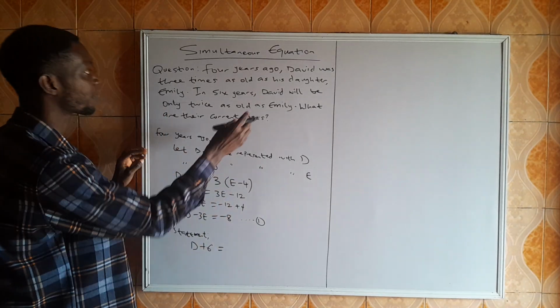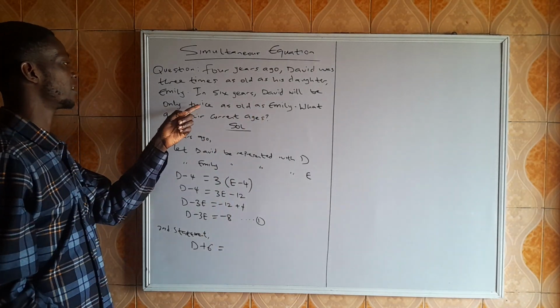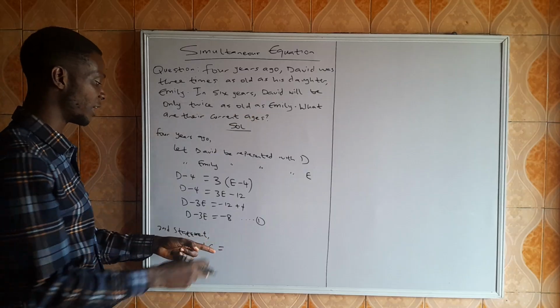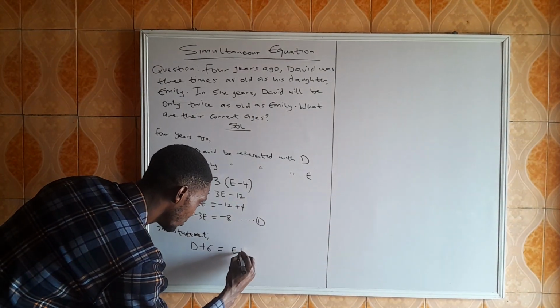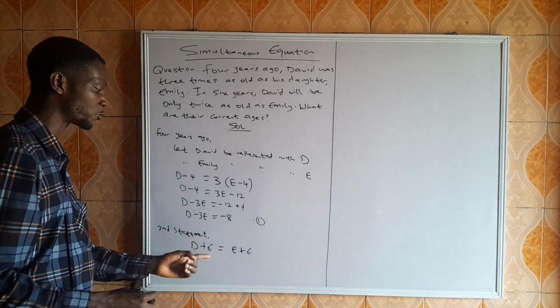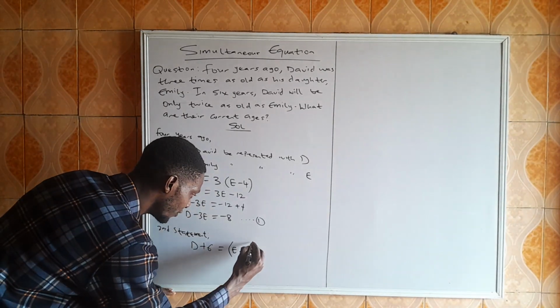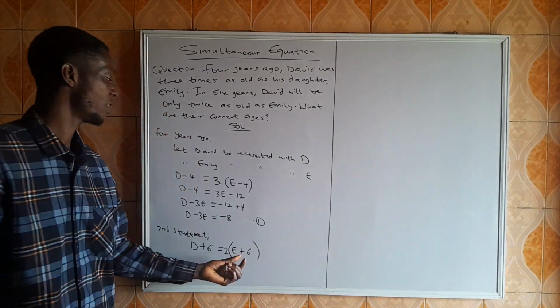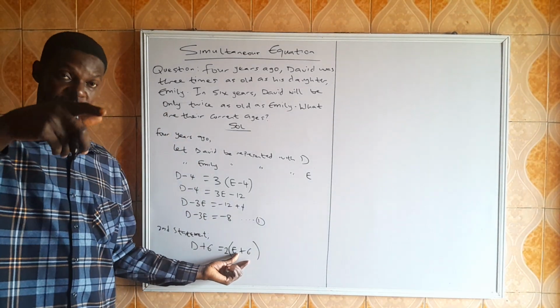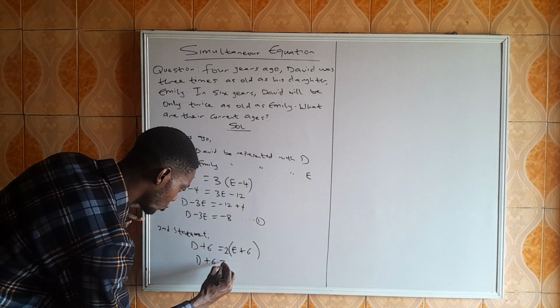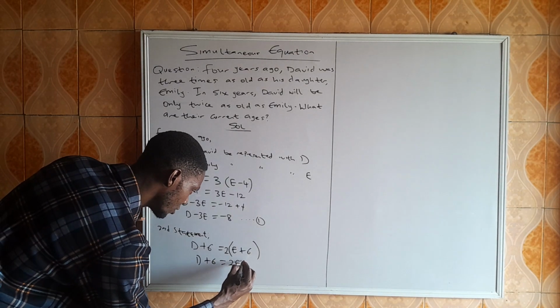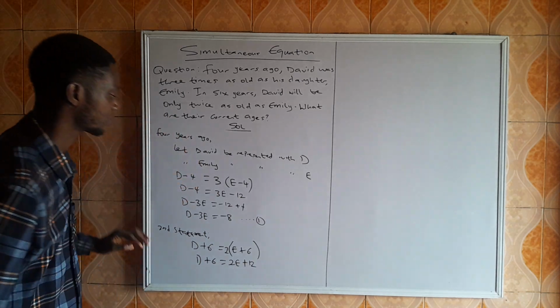David will only be twice as old as Emily. For Emily, in the next 6 years it is E plus 6. David will be 2 multiplied by Emily's age in the next 6 years. So from here we have D plus 6 equals 2E plus 12.